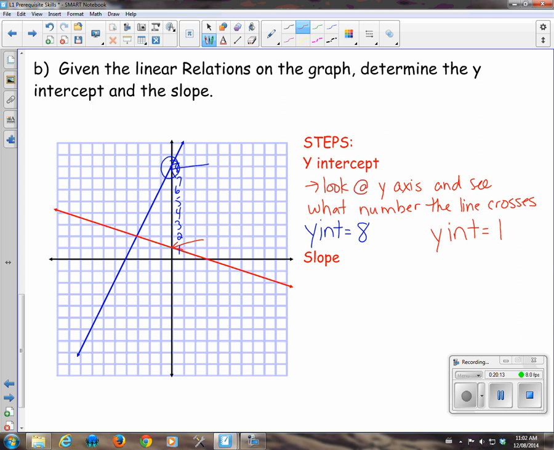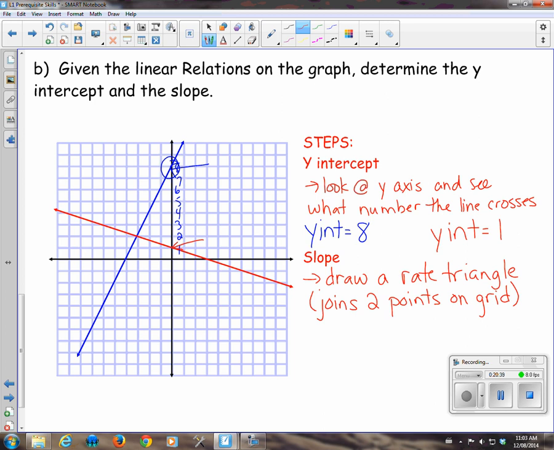The slope, you want to draw what we call a rate triangle. And you've seen me do it in the previous graphs. A rate triangle just joins 2 points on the grid. Don't draw your rate triangle between the grid.